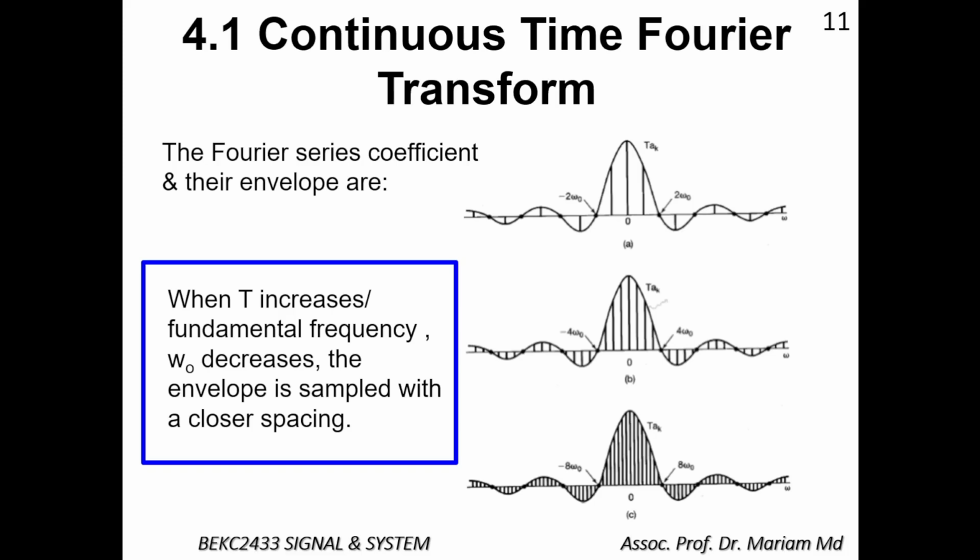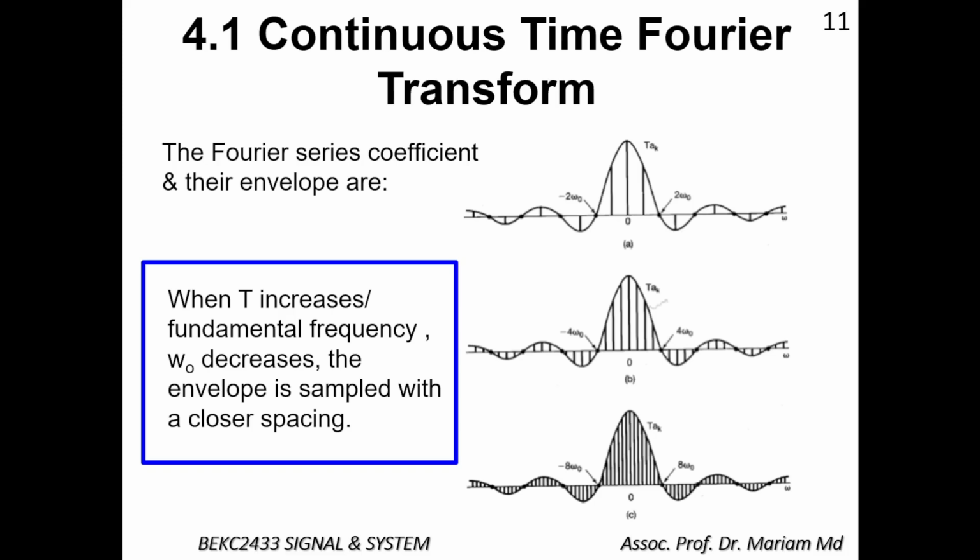It says here that when you increase the T value, it will decrease the envelope. This is just an explanation of what will happen when you increase T or the fundamental frequency and you increase omega.